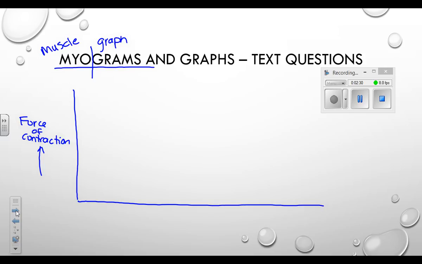I am not particularly concerned that you memorize an actual number because it would be different depending on the muscle. We're going for a more generalized response here. On the x-axis would be time. And so our first myogram is going to show us what it looks like when an average, typical muscle contracts.